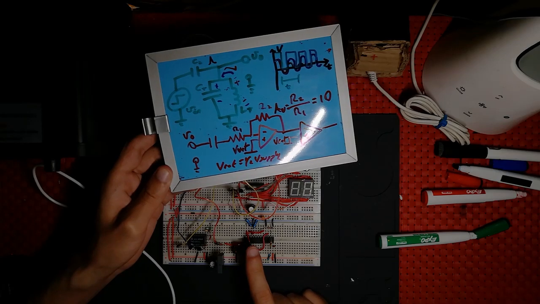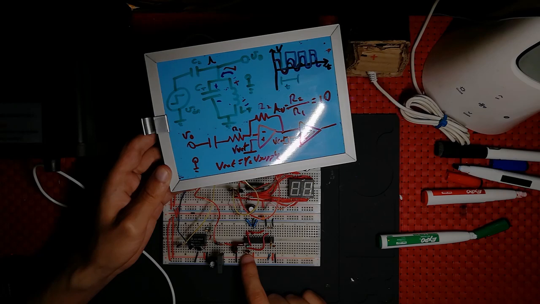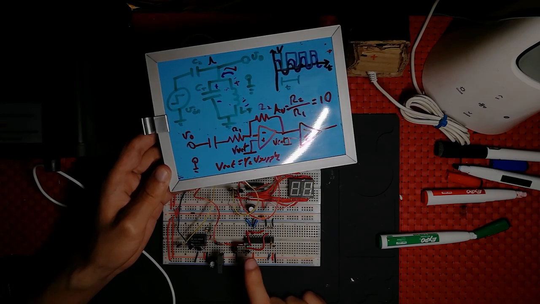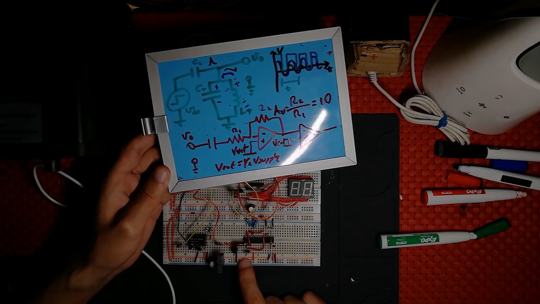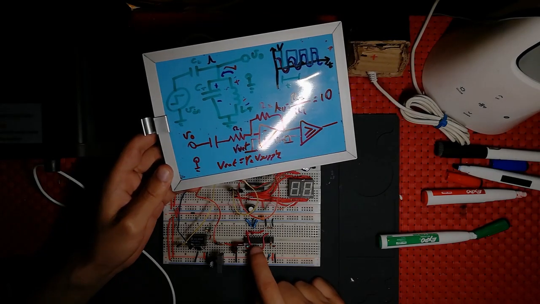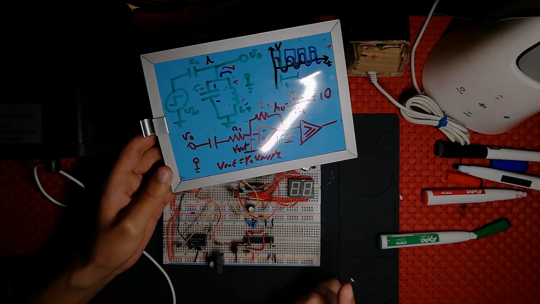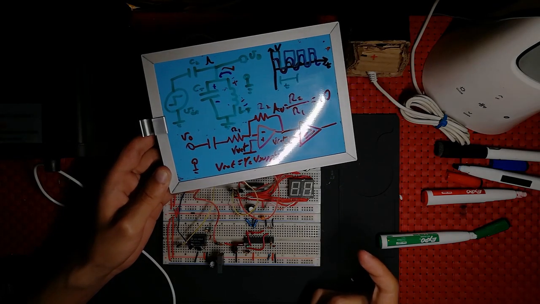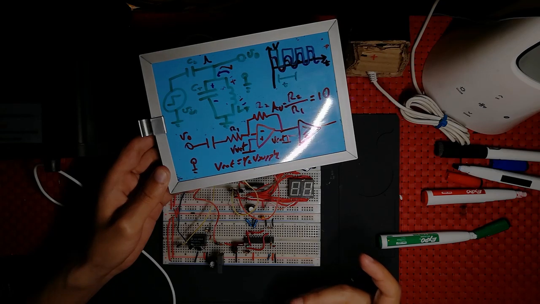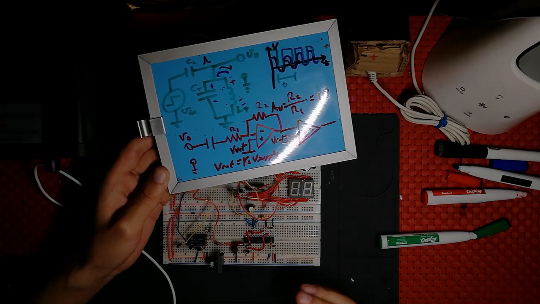I'm including a 10 picofarad capacitor here to minimize noise coming from unwanted sources. This op-amp is a TL974. I'm using this for no particular reason. You only need a really fast op-amp, at least 4 MHz bandwidth I would recommend.